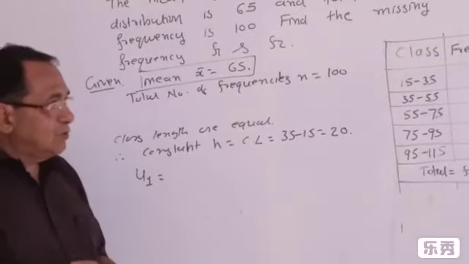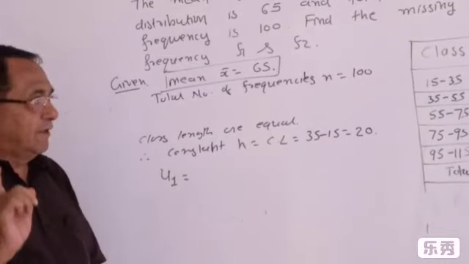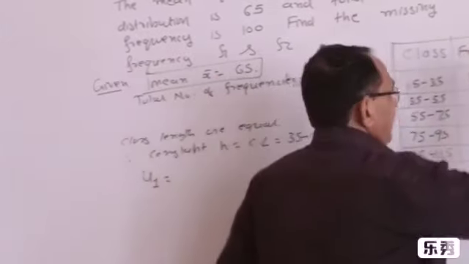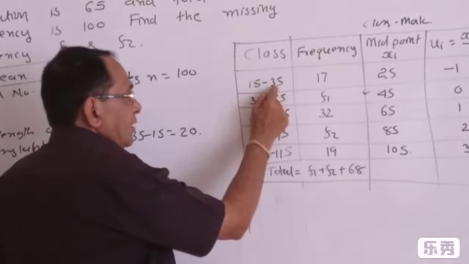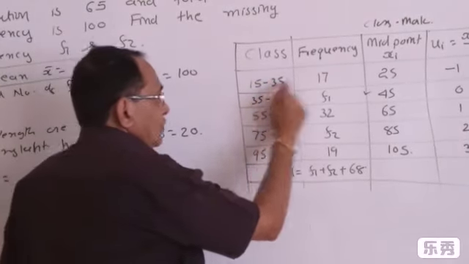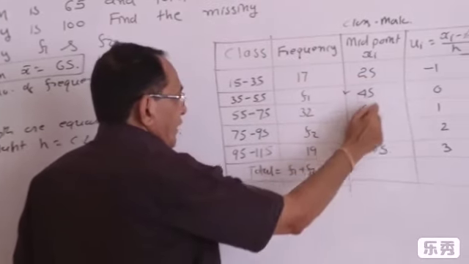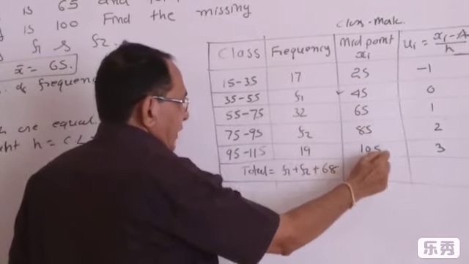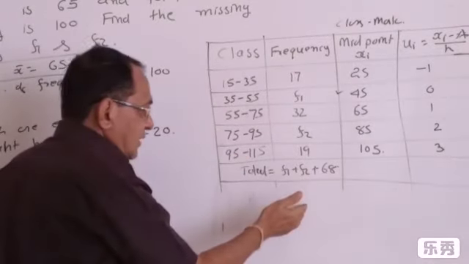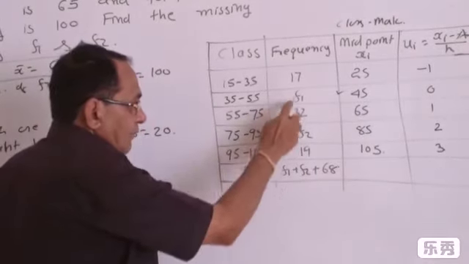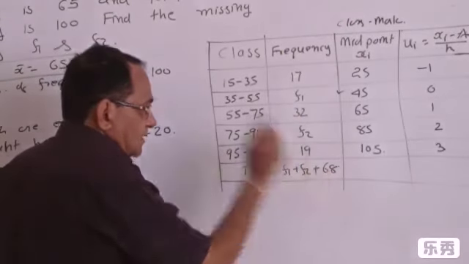As usual, first of all find the class marks xi: 15 plus 35 divided by 2 is 25, then 45, 65, 85, 105. Now the total number of frequencies is f1 plus f2 plus 68.